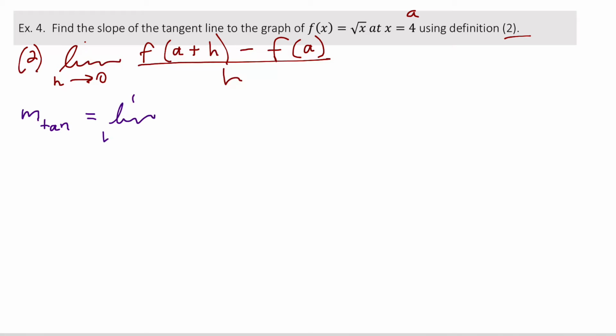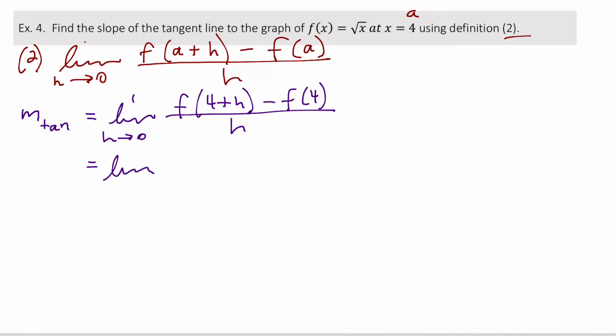Limit as h approaches 0 of f of 4 plus h minus f of 4 divided by h. So I'm going to substitute 4 plus h wherever I have an x in my function. So that would be the square root.